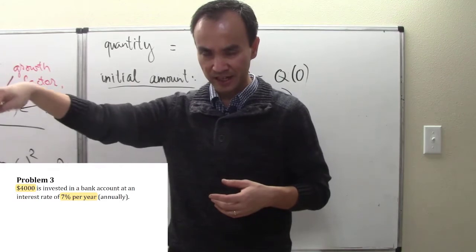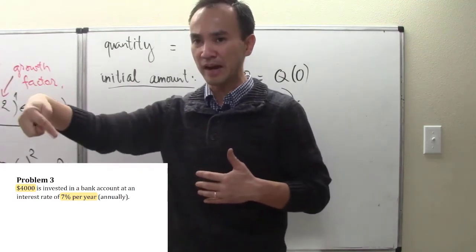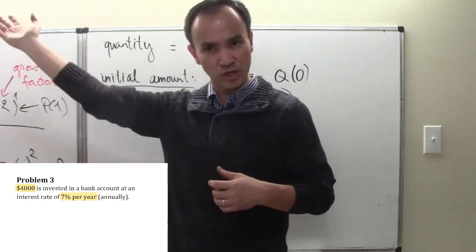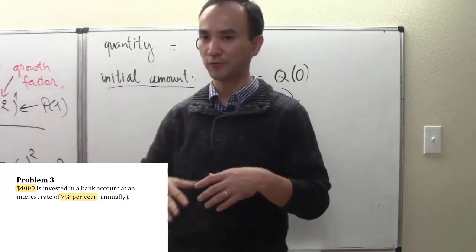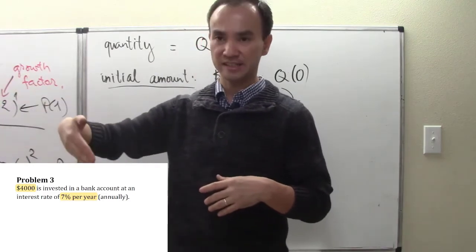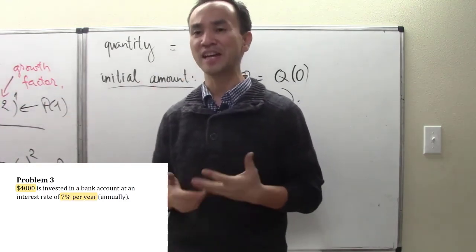A savings account means we're going to let the bank borrow our money to do their business work, and then they're going to reward us for lending them the money. Basically it's a way that they're paying us. That's what interest is for.